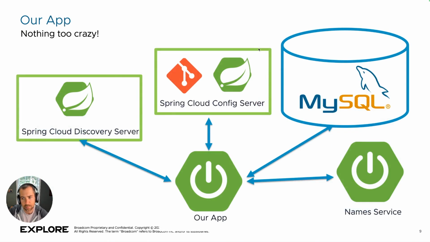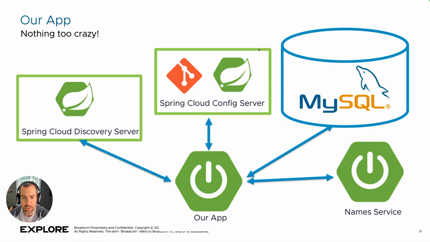The best way to illustrate this is to use an example application. We're not going to use the most basic Hello World Spring Boot application, but instead we're going to add a few more pieces to make it a somewhat intermediate-level application, just to illustrate how well you can do this and how easy it can be, even with all these different moving pieces.